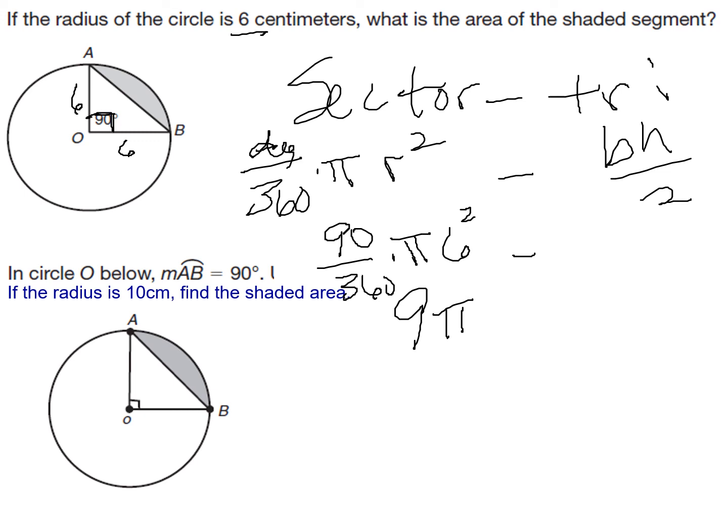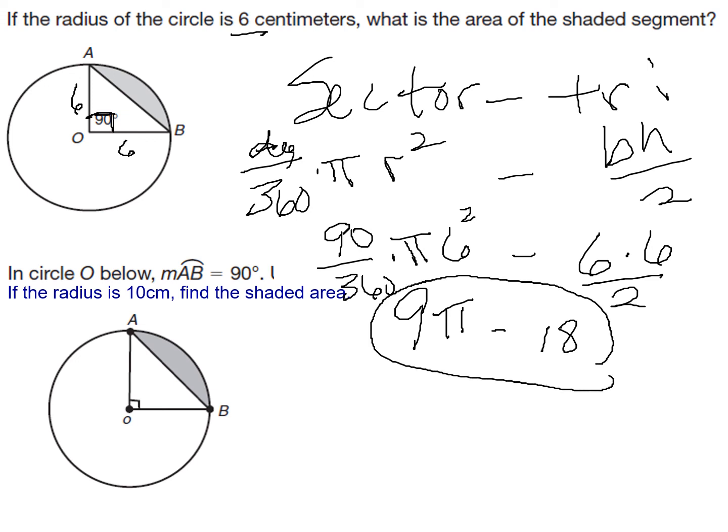So the triangle itself, base times height, and see, that's where the right angle comes in. We need that base and height to meet at a right angle. 6 times 6 divided by 2 makes 18. So your ACT answer would leave it just like this, 9 pi minus 18. Now, do you notice anything with the 9 and the 18? It's like double, right? That happens every time.